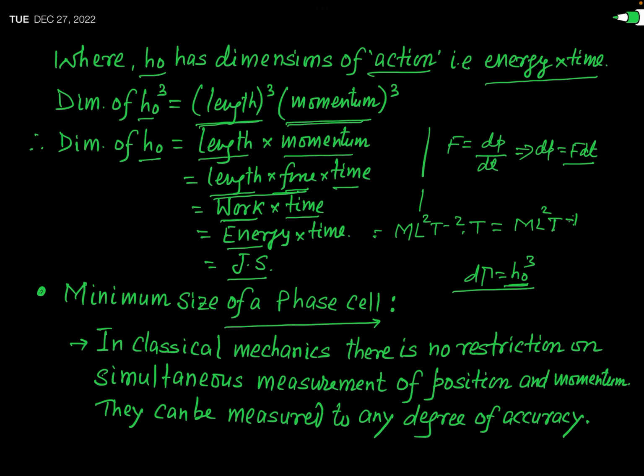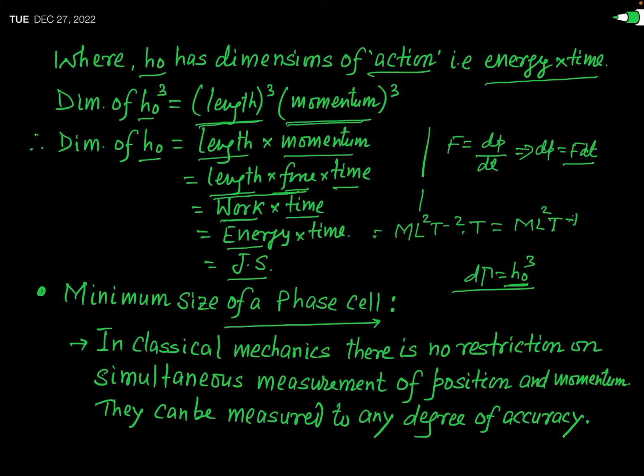As you know, in classical mechanics there is no restriction on measuring the position and momentum of a particle simultaneously. When you say that there is no restriction on measuring the position and momentum of a particle simultaneously in classical mechanics, what does it mean?